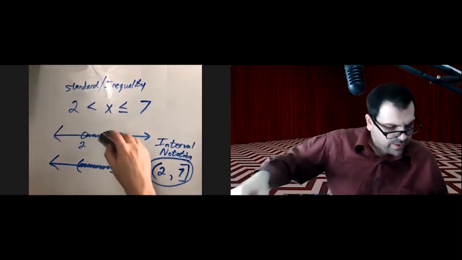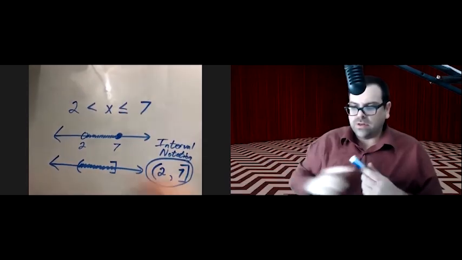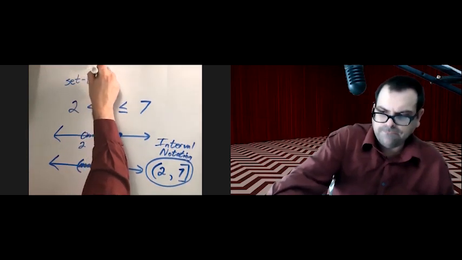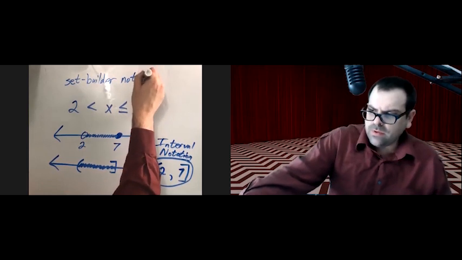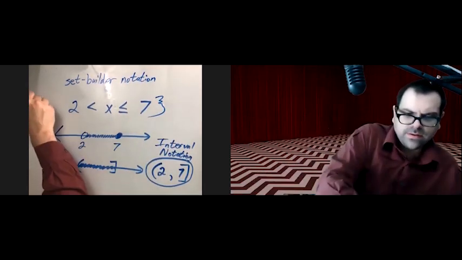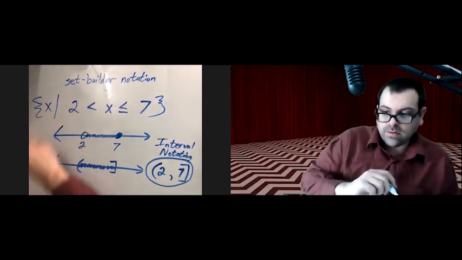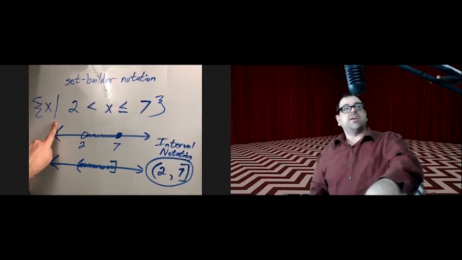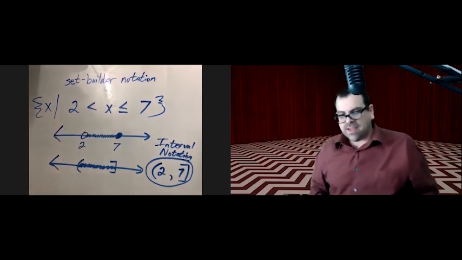We can put inequality notation into set builder notation. What is set builder notation? Well, this uses the braces: inside braces, the set of all x such that x is between 2 and 7.